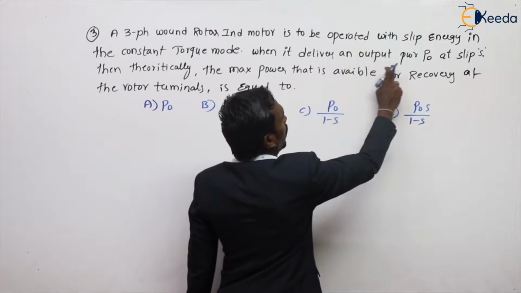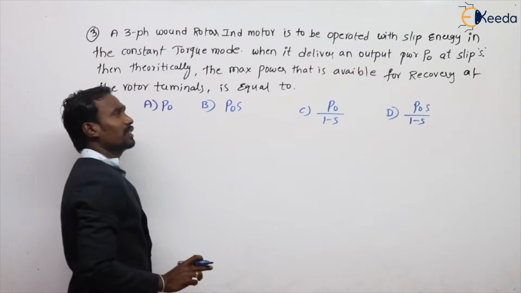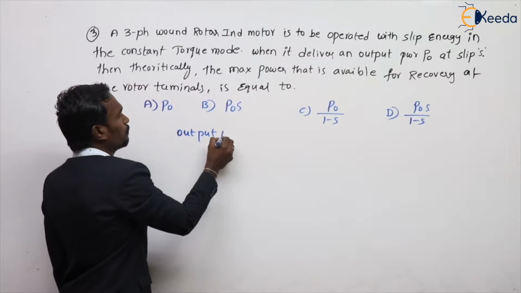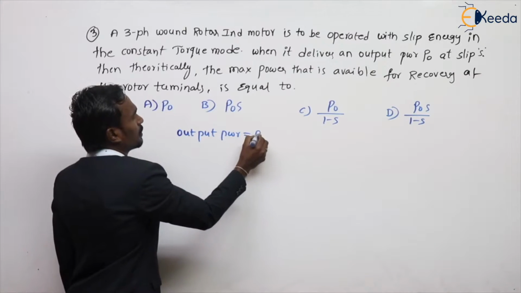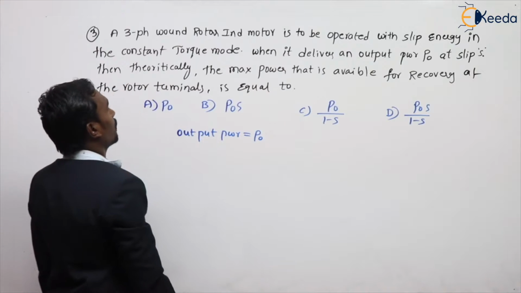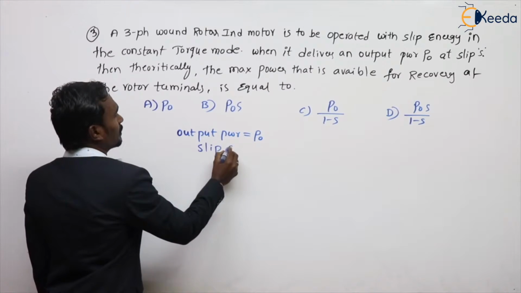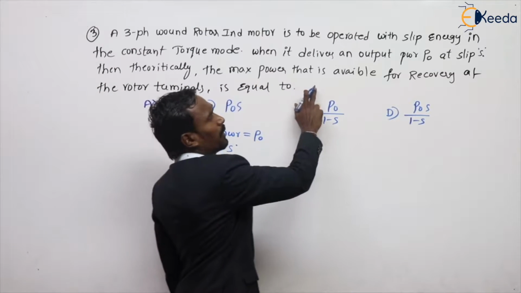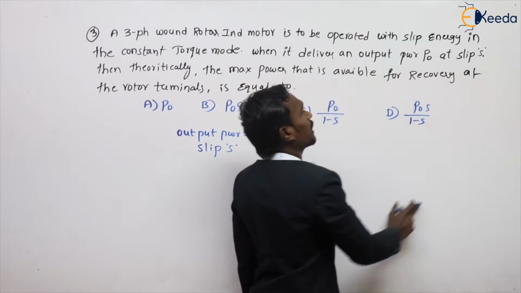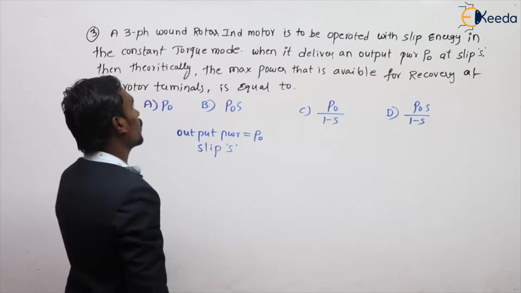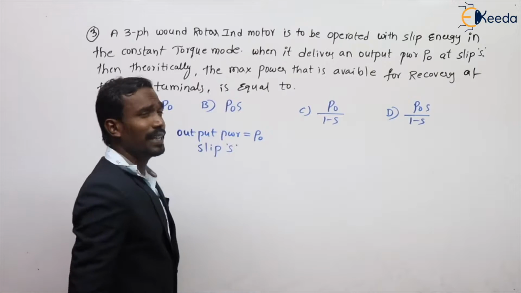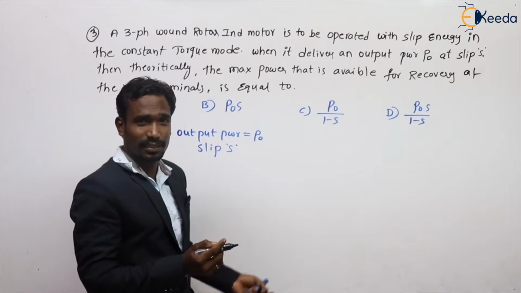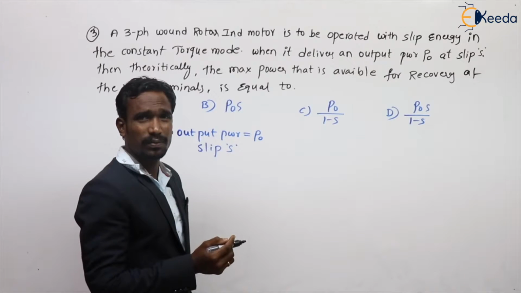When it delivers an output power P naught at slip S, then theoretically the maximum power that is available for recovery at the rotor terminals is, this is what we want, right?